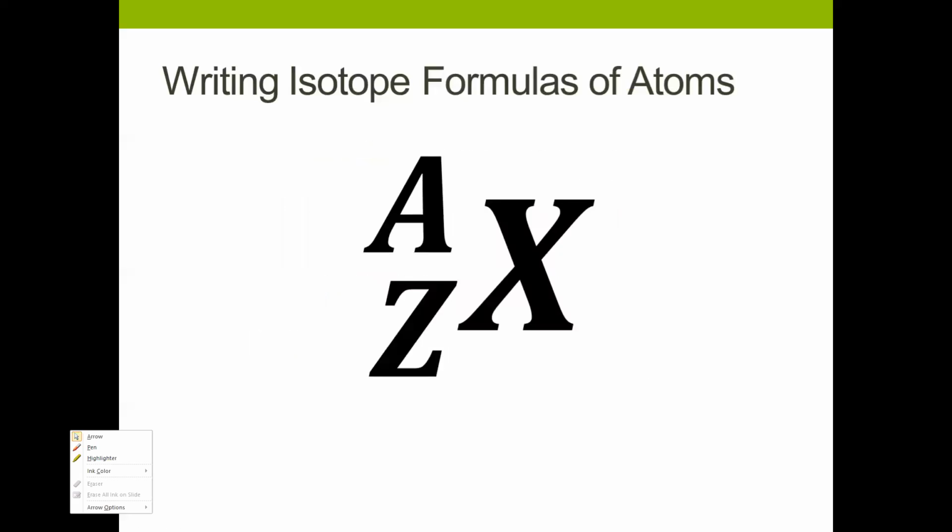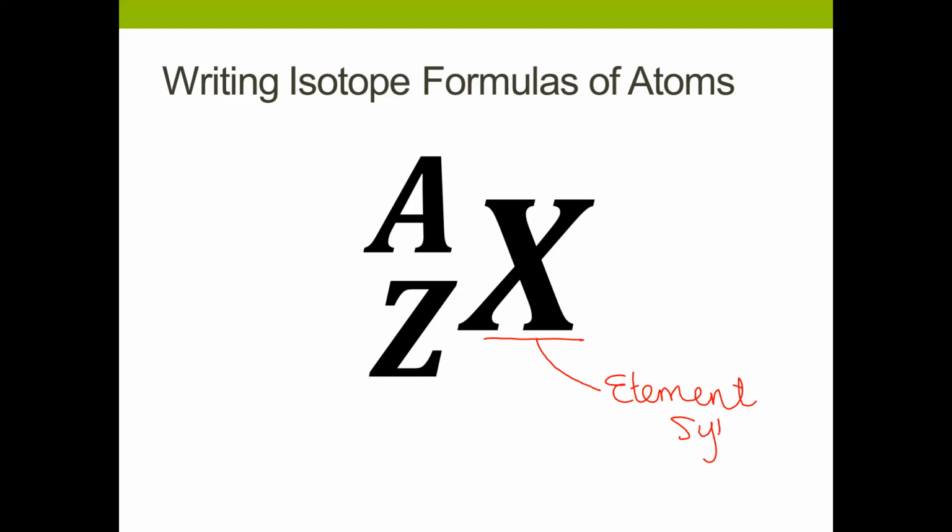This is another notation for an isotope. The X is going to be the element symbol, whatever that is. So you wouldn't put in X, you'd actually fill in the element symbol. Then the A and the Z: the A is always the larger number, and that is the mass number.